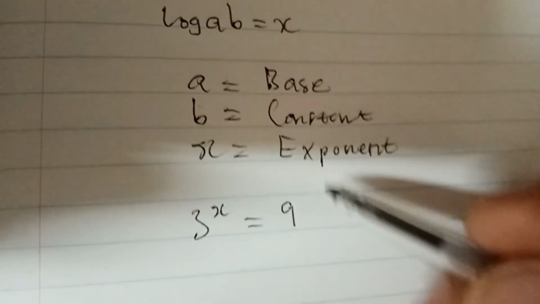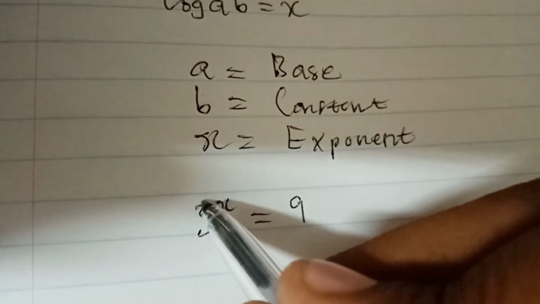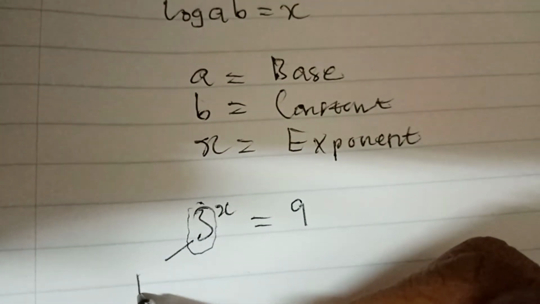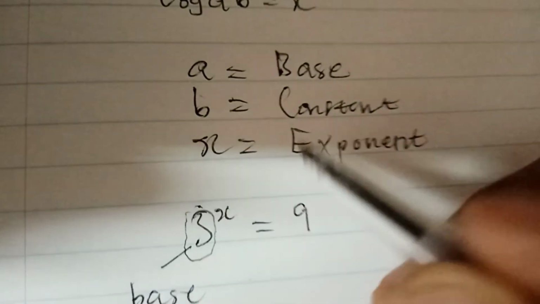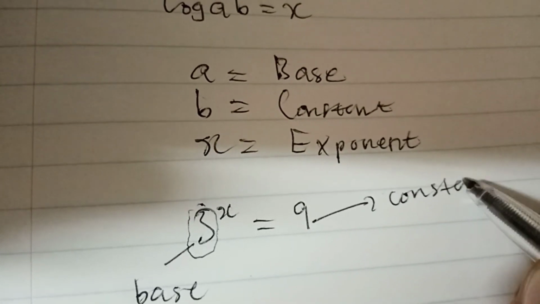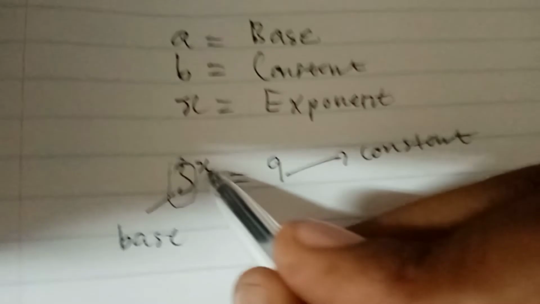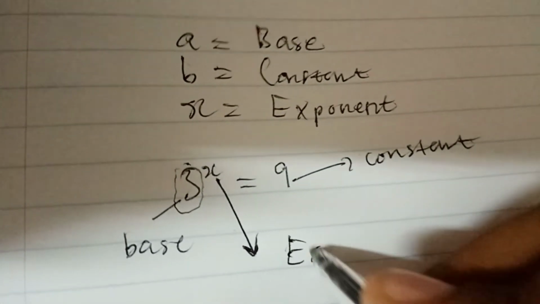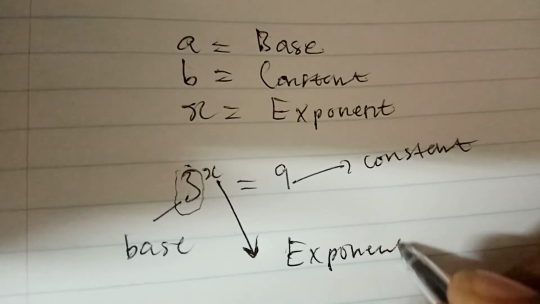So in this case, this is going to be our base, and then 9 is going to be our constant, and then x is going to be our exponent.